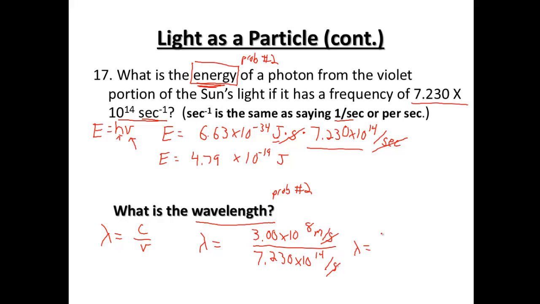When we solve, 3.0 times 10 to the 8th divided by 7.23 times 10 to the 14th, we get about 4.15 times 10 to the negative 7th, and our units are meters. So we could find out where in the spectrum we'd need to be.